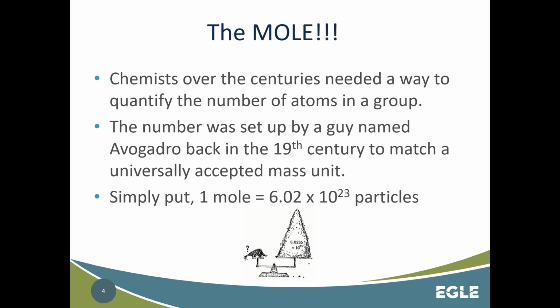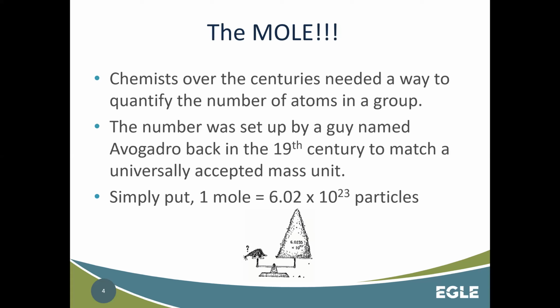There was a guy by the name of Avogadro, who I think was a physicist. I think he's Italian, but I don't remember exactly. Either way, Avogadro came up with what was called Avogadro's number, which became a universal constant accepted by chemists all over the world.